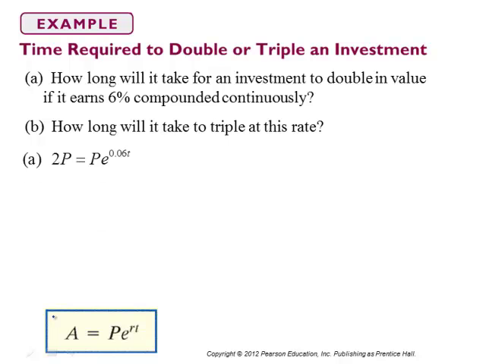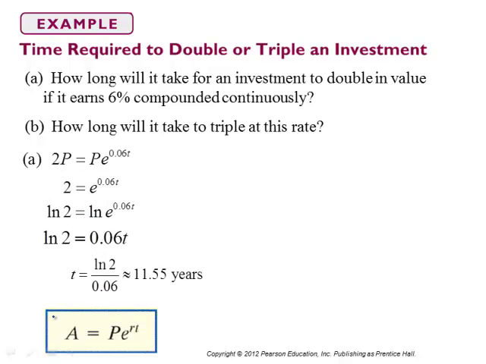Now for part A, shouldn't be any surprises there. Natural log of 2 over 0.06, about 11.5 years.